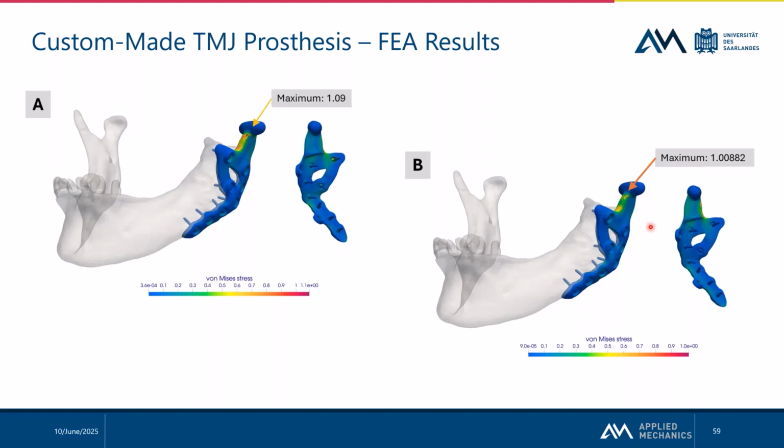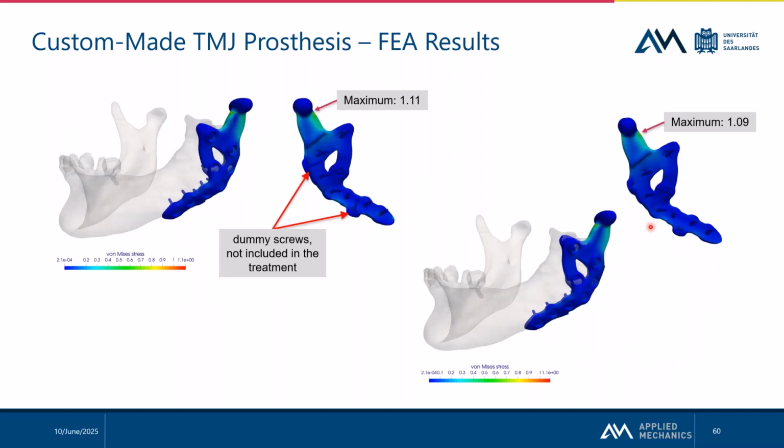And on the last slide, this is the difference between running the simulation on a segmented model and a model which is driven from computer-aided design. And you see there's a difference of something like 1.11 and 1.09, which is only a few percent difference between the two simulation results.